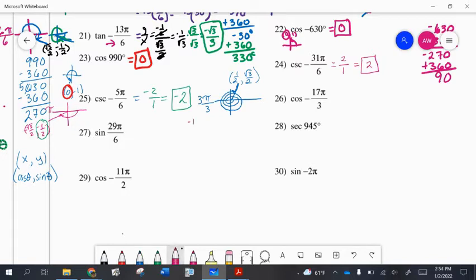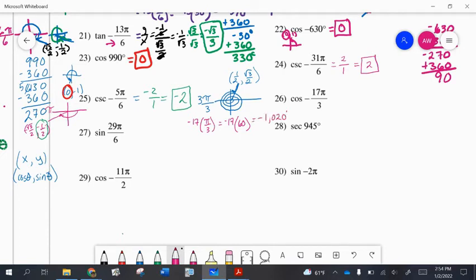So it's negative 17 times pi over 3. I know that pi over 3 is just 60, so negative 17 times 60 is one way to do this. 17 times 60 will be 1020, so it's negative 1020.